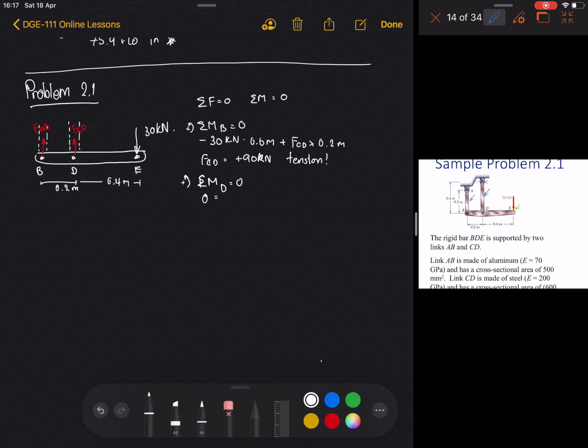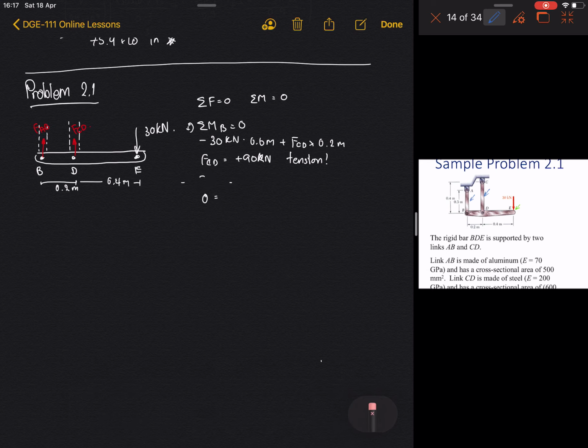So we have F_AB plus 90 kilonewtons and negative 30 kilonewtons equal to 0, resulting in F_AB equal to negative 60 kilonewtons in the end.